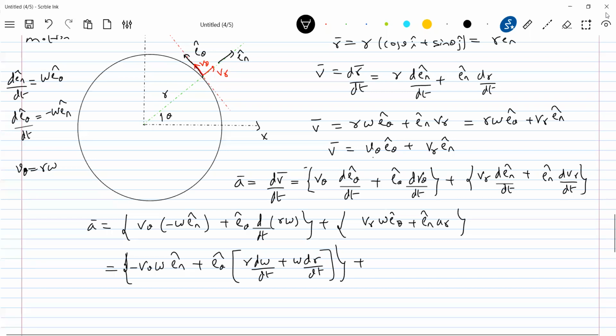dn cap by dt, what we got? Omega e theta cap, no? Fine, so the bracket as it is, I'll keep it. VR omega e theta cap, en cap into er. Let's expand further. Minus v theta, what can you write it as? R omega en cap. And just check once. This d en cap by d theta is equal to omega e theta cap.